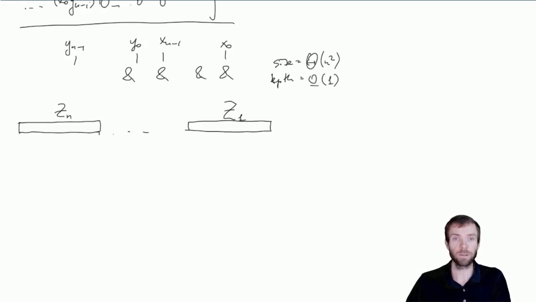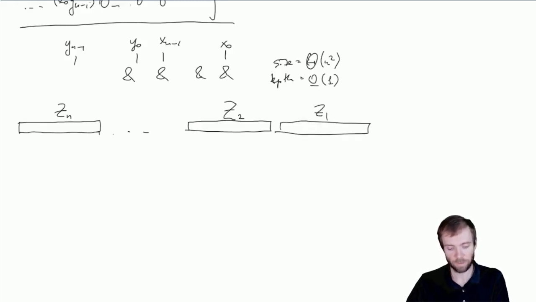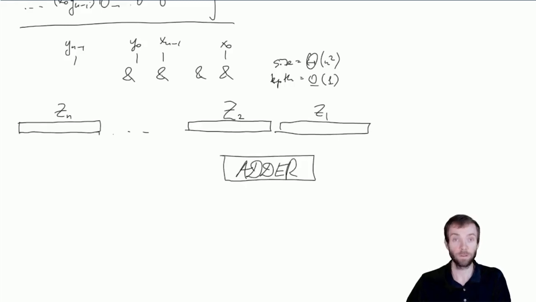We compute the sum of these numbers by, for instance, employing a binary tree structure. We just take z1 and z2. Let me draw it like this. We take an adder, which takes these binary representations and produces the binary representation of z1 plus z2.